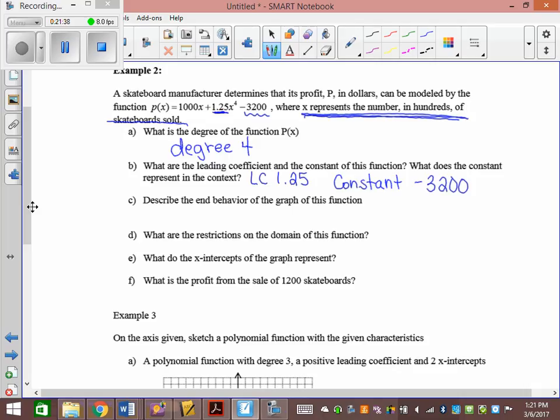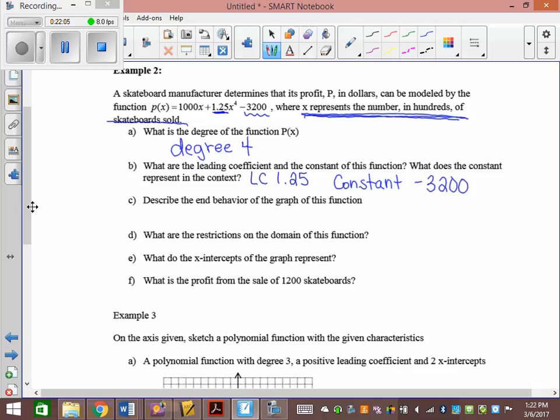Now, that's why with yearbooks, after you buy enough of them, it gets cheaper, because it's X amount to print each yearbook. And then you take that initial big cost and spread it out over more yearbooks, it's going to be cheaper, right? So what does this negative 3,200 represent? It represents the profit when you sell no skateboards, right? It's how much in the hole they are before they even sell a skateboard, right?